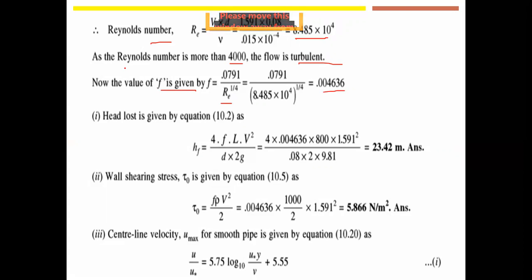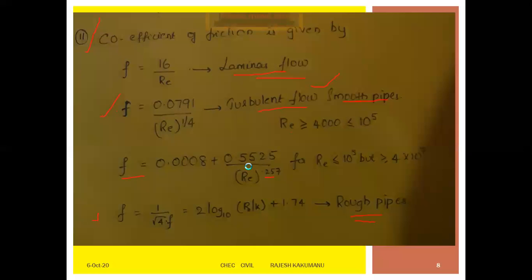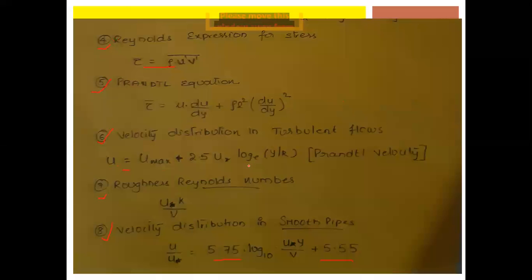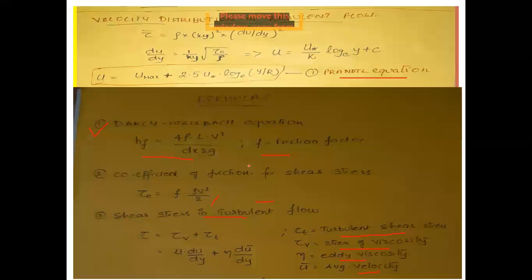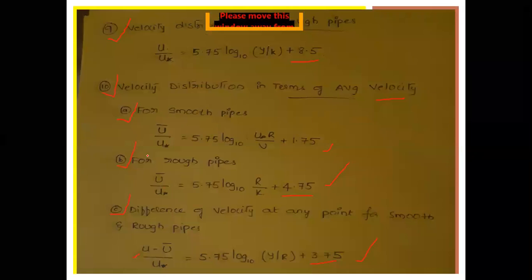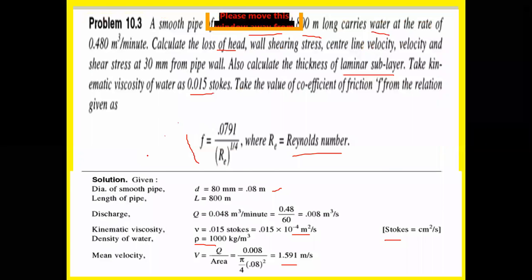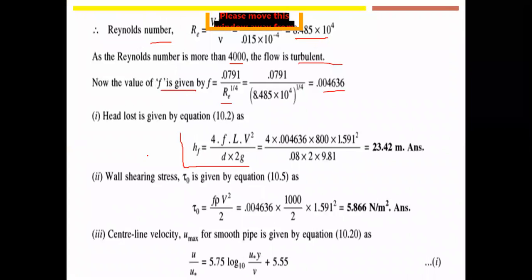So what is the first one? Head loss. Head loss is given by the equation. This is the equation you have to keep in mind. I have already mentioned the equation here in the formulas. See this one, the equation. So if you write the formulas separately, it will be easy from the exam point of view.